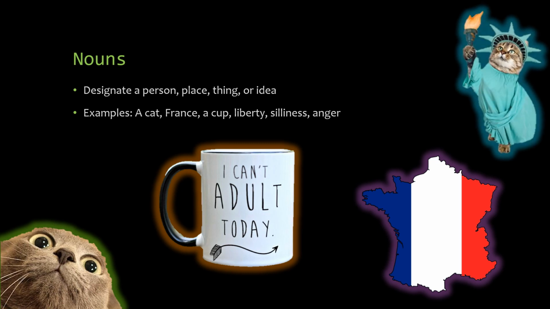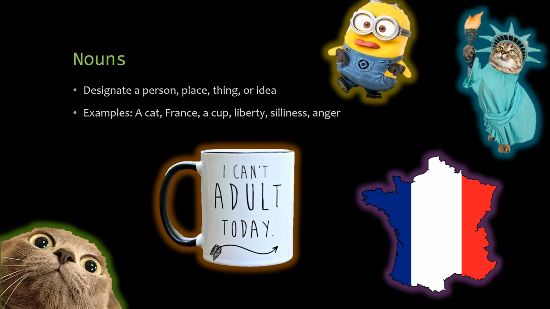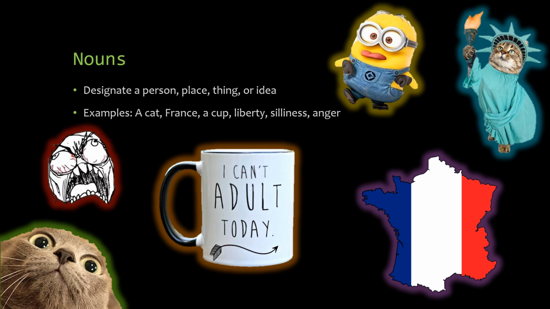So something like liberty, for example. Liberty is an idea that we have right here in America. We represent it with the Statue of Liberty, but liberty doesn't really have a physical form necessarily. Emotions like silliness or anger take on a form when people experience them or represent them somehow, like what you see here.